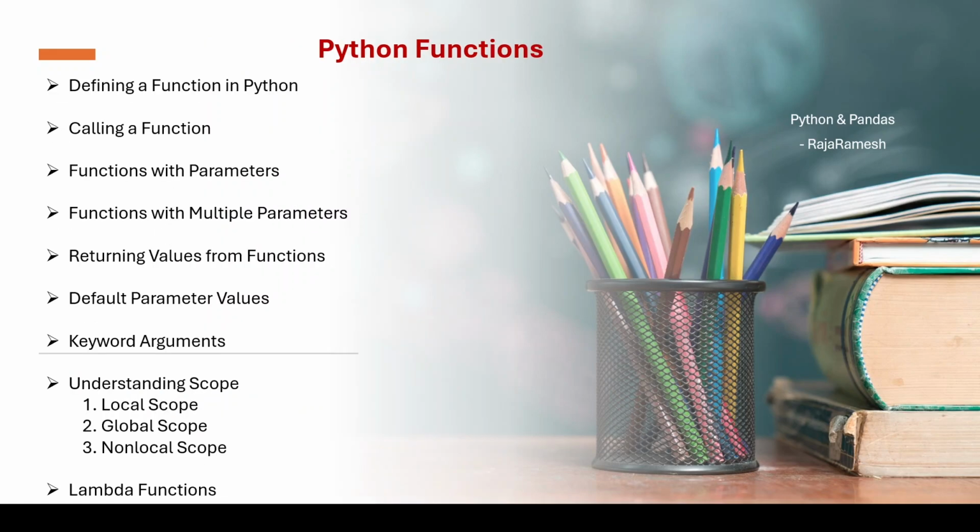So in this video, we will cover how we define a function in Python and how we call that function whenever we need that, and how to create functions with parameters, and how can we define functions with multiple parameters, how to define functions which return some values, and we learn about default parameter values, and we also discuss keyword arguments, and next we will see the concept of scope like local scope, global, and non-local scopes, and at the end we will finish with lambda functions.